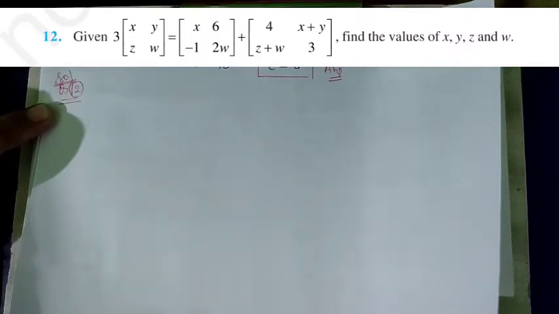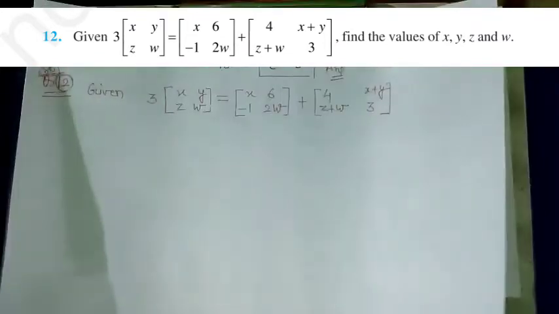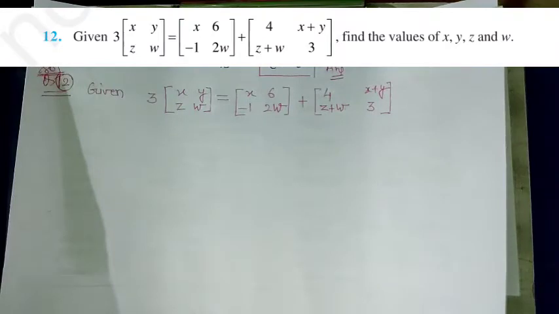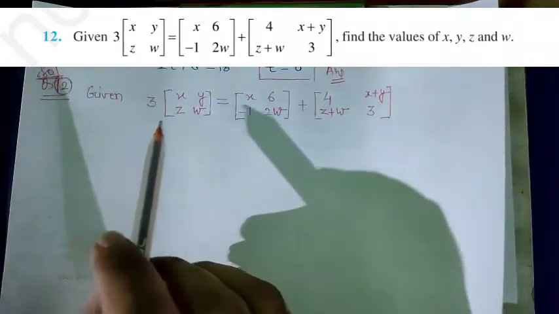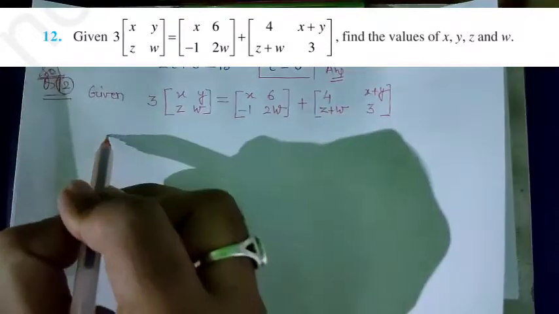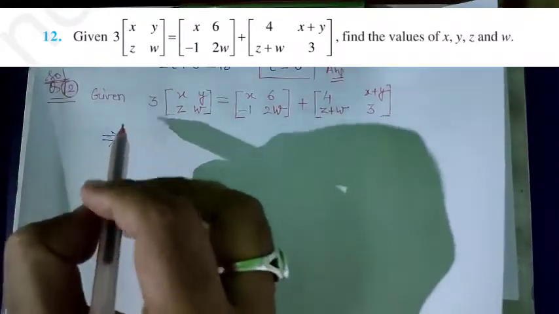We'll write the question now, whatever is given in the answer book, and then we'll solve it in the procedure which we used to solve the previous question.